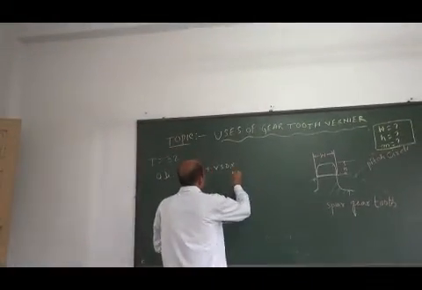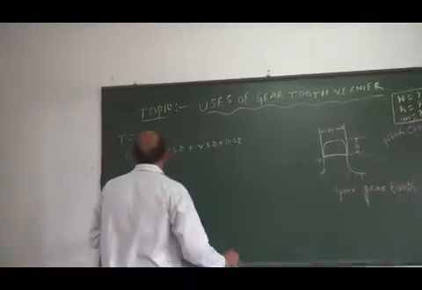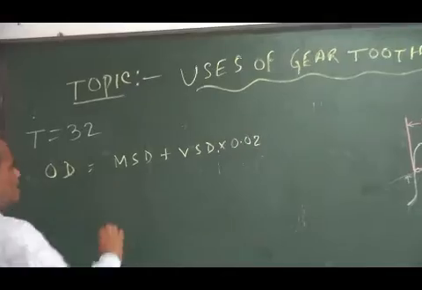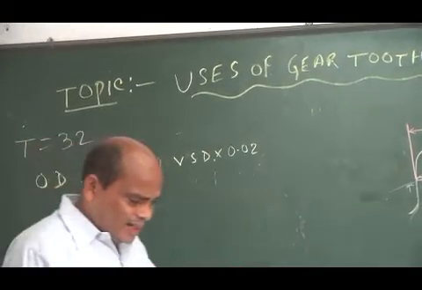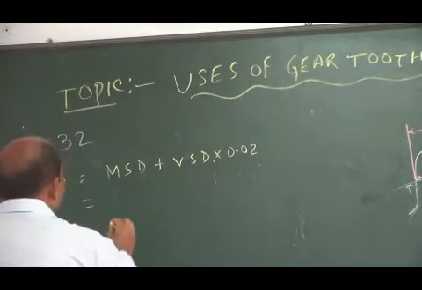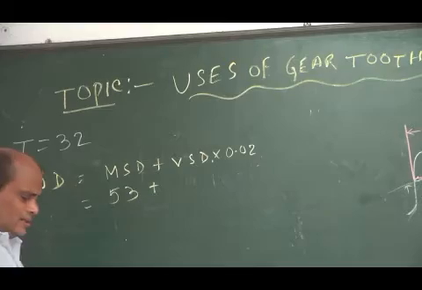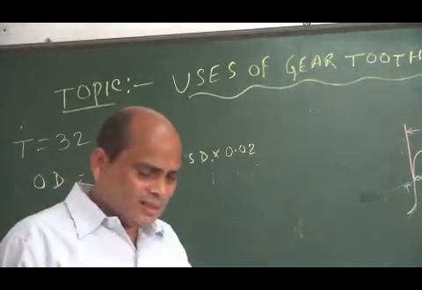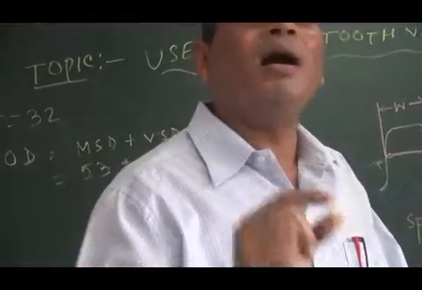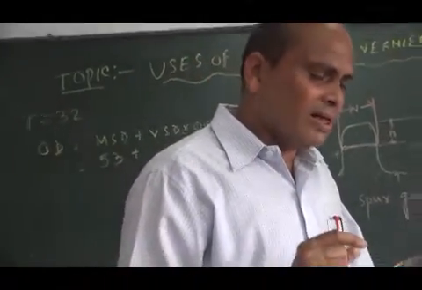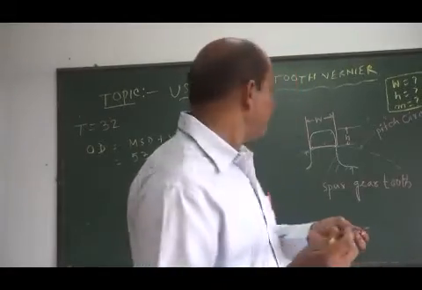So here we see that it is 53 plus, the zero point is ahead of 53, and that amount can be calculated by the vernier scale reading.